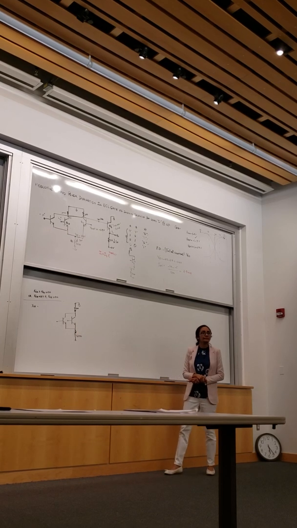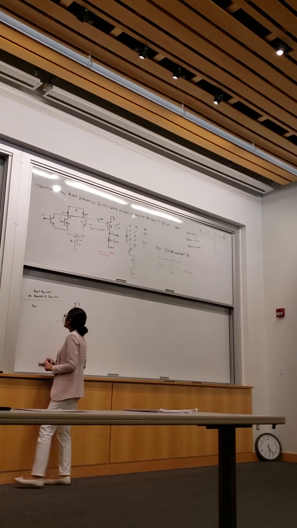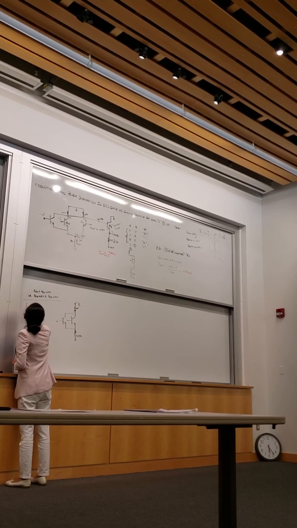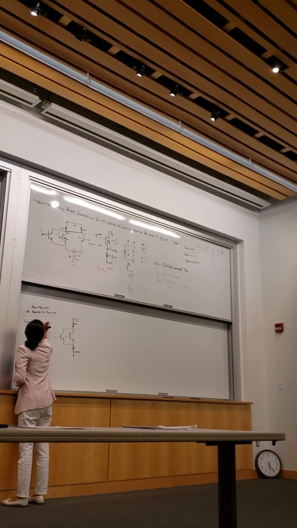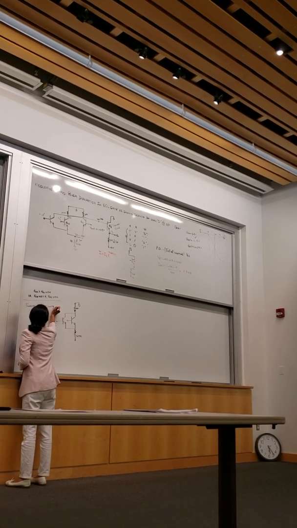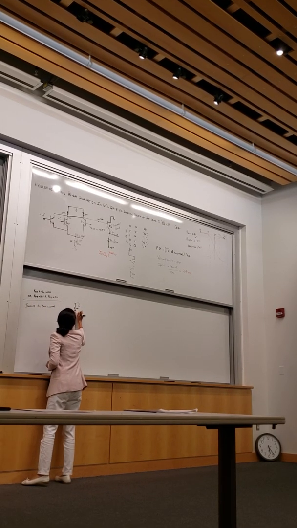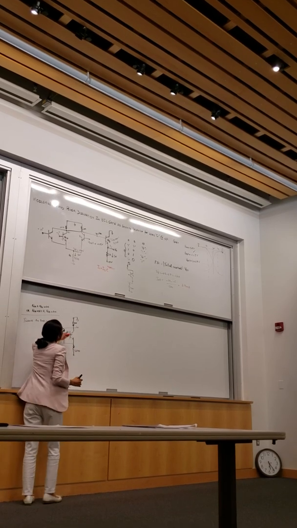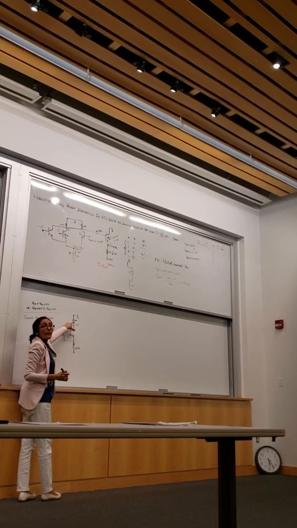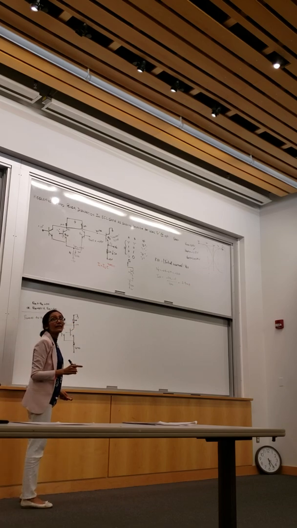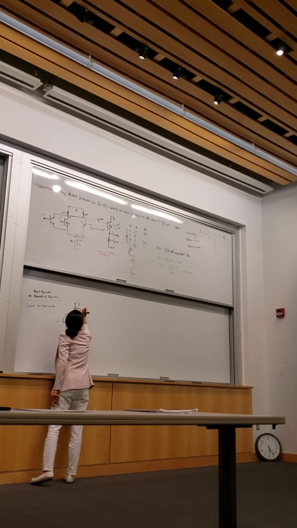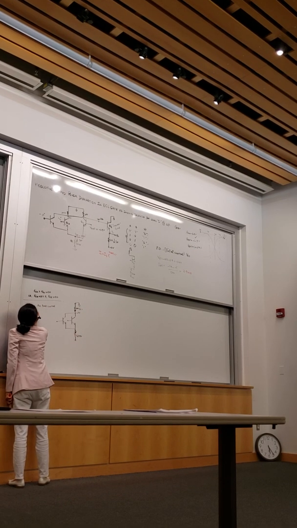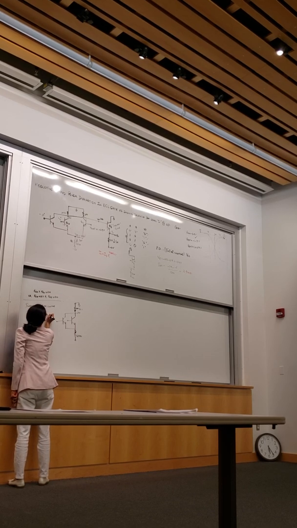Ignoring the base current. So if we ignore the base current, what's the current here then? IE. Yes. So I'm gonna call this IC1. IC1 approximately IEE, that is 2.9 milliamps.